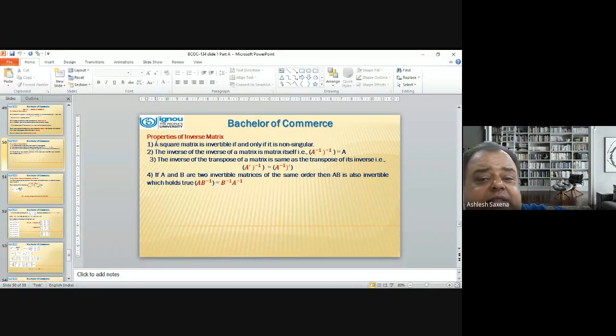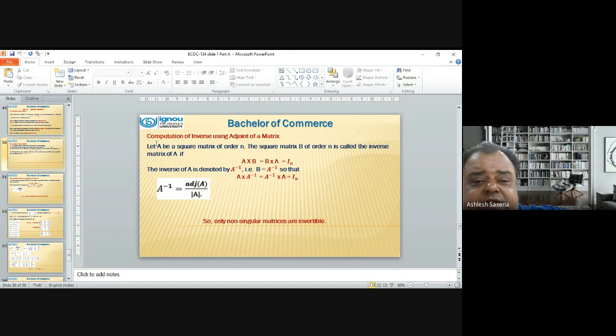The inverse of the transpose of a matrix is the same as the transpose of its inverse. That means A transpose inverse is equal to A inverse transpose. If A and B are two invertible matrices of the same order, then AB is also invertible, and AB inverse is equal to B inverse A inverse. We have seen this earlier in our session.